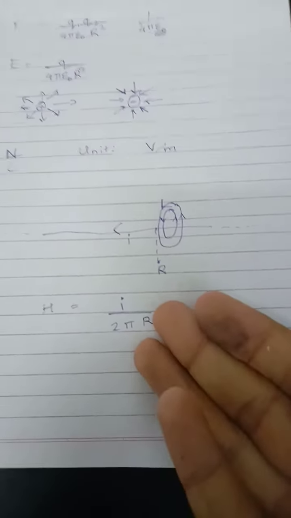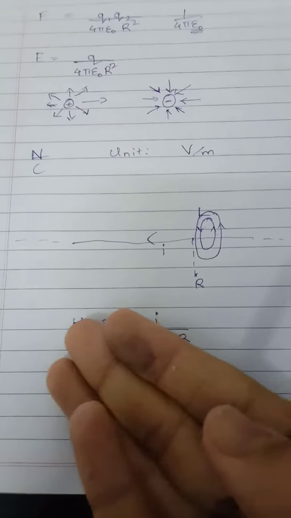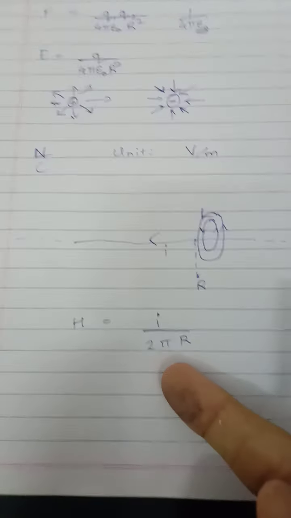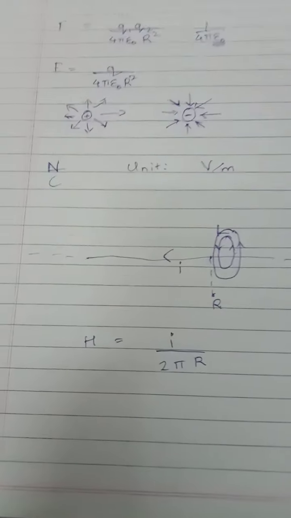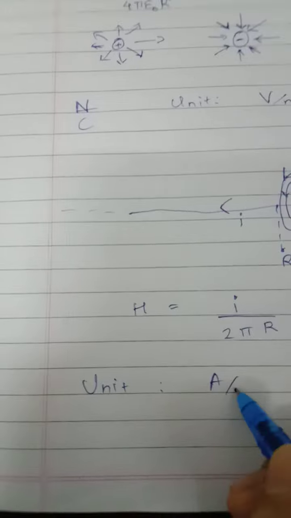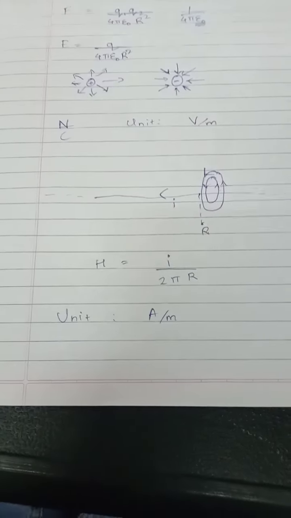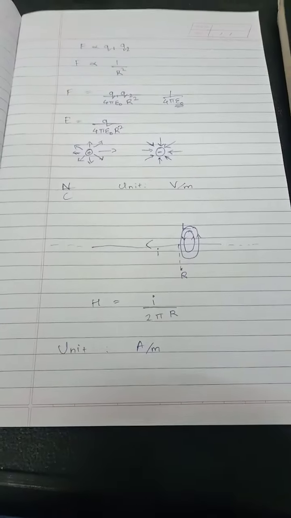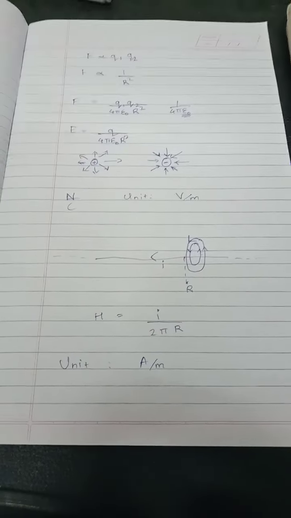It's a vector quantity, of course, since it's a field. The magnitude is given by this equation, and the direction will be given by your right hand thumb rule. As you can see from this equation itself, its unit is going to be ampere per meter. So I guess that covers the basics of the field.